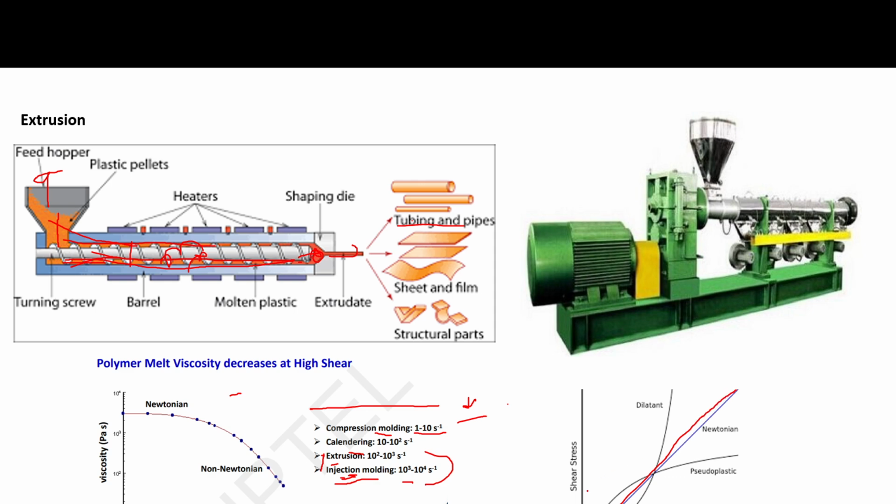There are also non-Newtonian fluids, which can be dilatant or pseudoplastic. For a pseudoplastic fluid, with increasing shear stress the shear viscosity goes down, and for a dilatant non-Newtonian fluid, with increasing shear stress the shear viscosity increases.